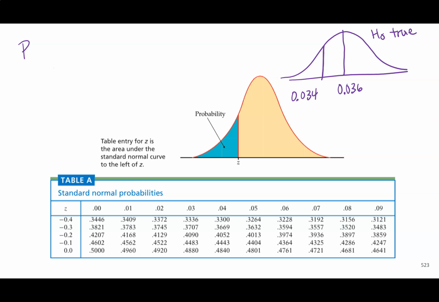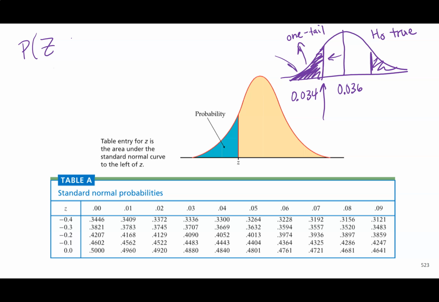So if I want my one-sided p-value, I'm going to go away from this mean. So what I observed, 0.034 and less. So I want that left tail area here. That will be my one tail. In order to get my two tail, I'm going to just multiply this one tail by 2.